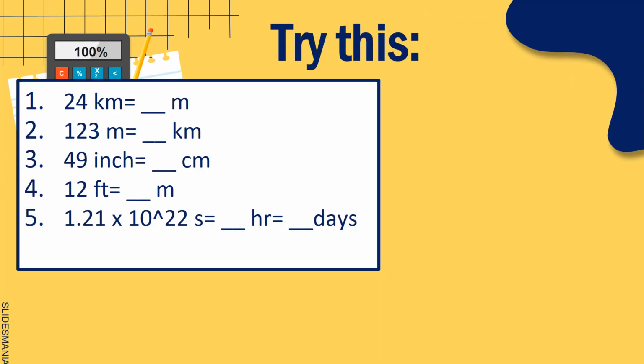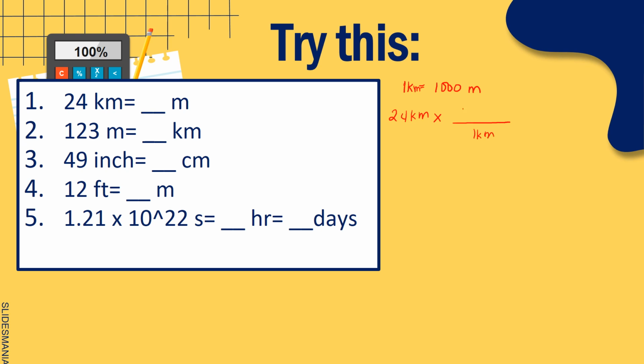Okay, let's have more examples under conversion of units. First, we have 24 kilometers to meters. So, we're going to write our solution here. We have 1 kilometer is equal to 1,000 meters. So we have 24 kilometers times 1,000 meters over 1 kilometer.